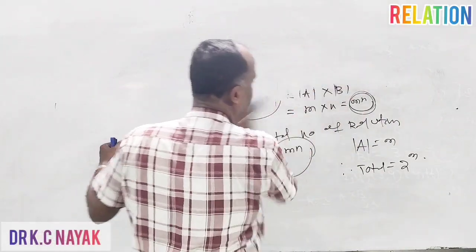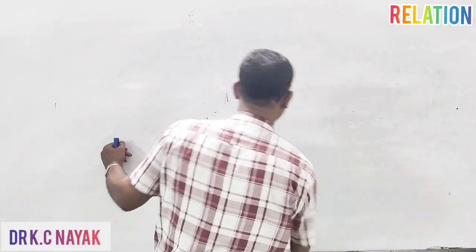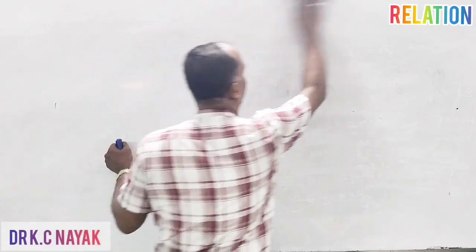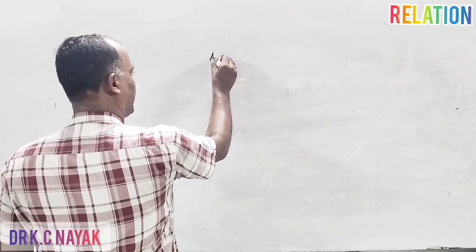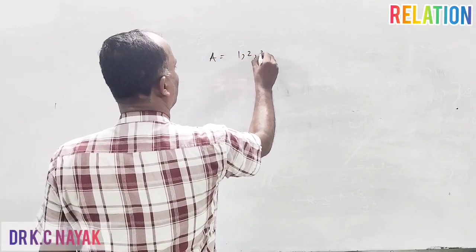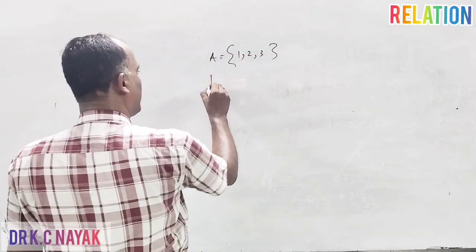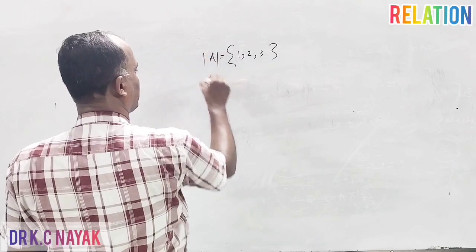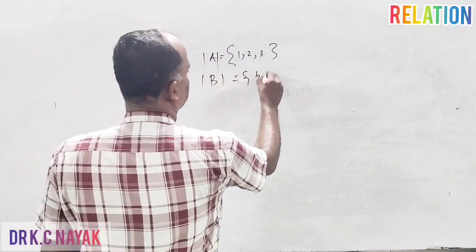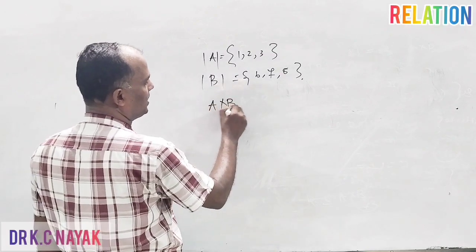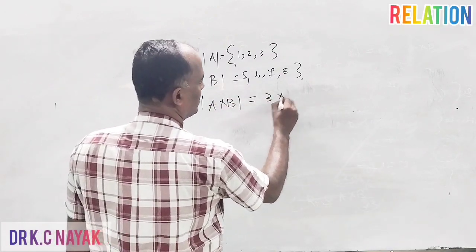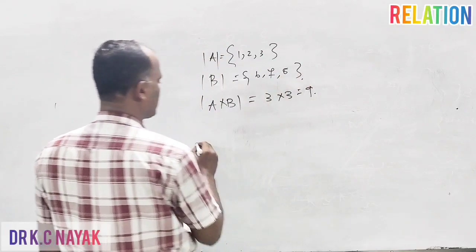Just to see an example. Suppose A has 1, 2, 3 and B has 6, 7 and 8. How many elements does A cross B have? A cross B has 3 cross 3, that means 9 elements.